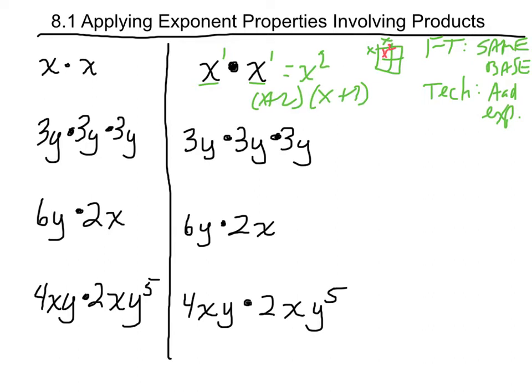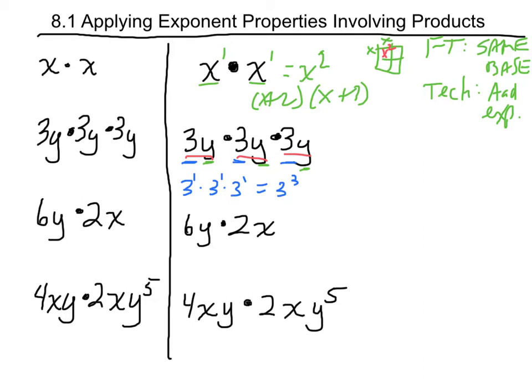Pretty simple. Same file type and technique for this one, so that doesn't change. In this case, my base is 3y, 3y, and 3y. Or you could look at it as a base of 3 and a base of y. And you'll see we get the same answer. So I'm going to do it that way first. So the base of 3 would be 3 times 3 times 3, which is 3 to the first times 3 to the first times 3 to the first, which is equal to 3 to the third.